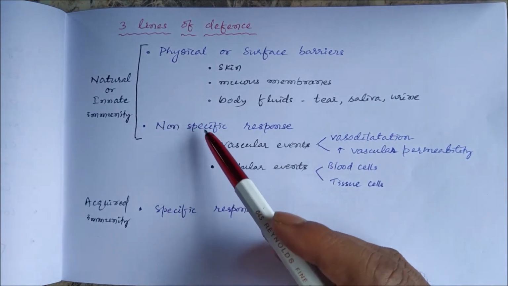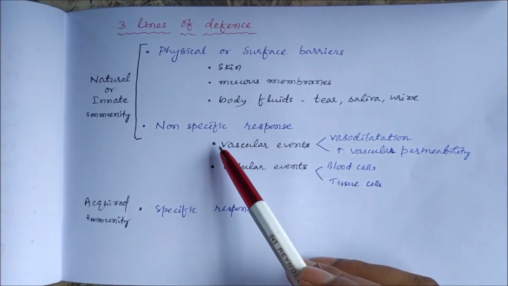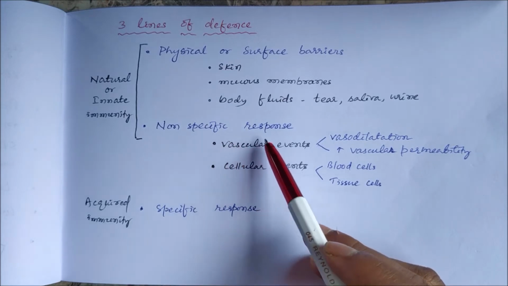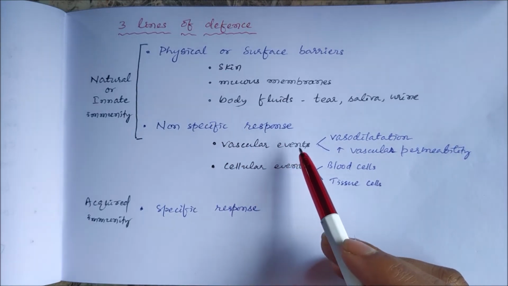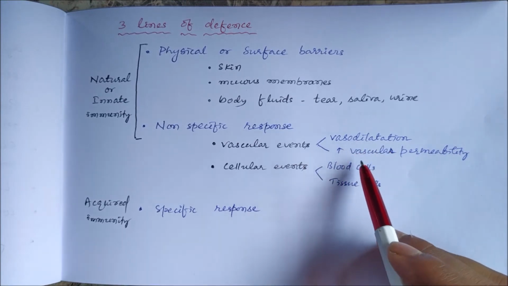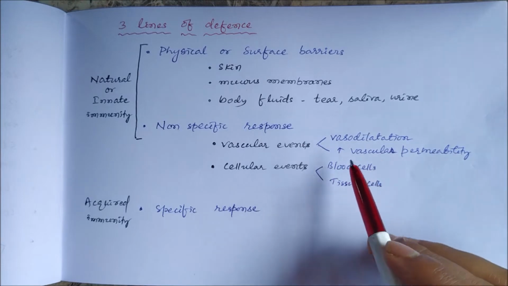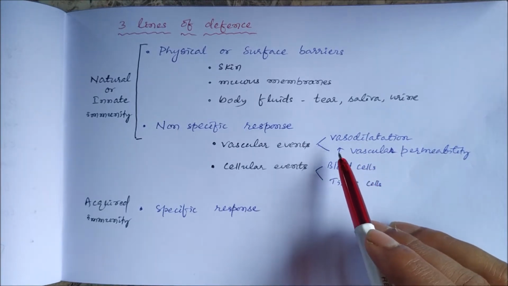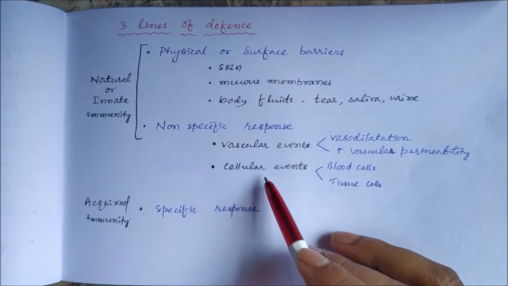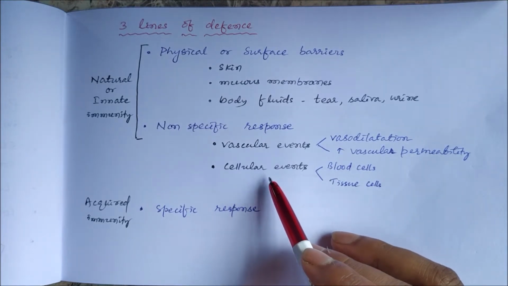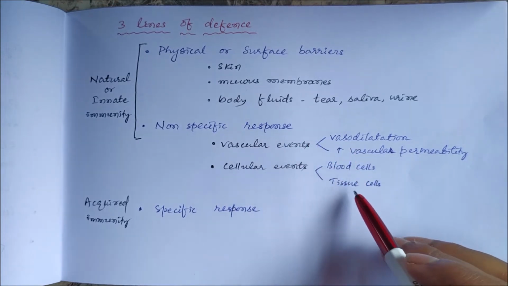Then if the physical barrier is not sufficient, then comes the non-specific response, which includes the vascular events, which consist of vasodilatation and increase in vascular permeability. There is accumulation of the exudate containing the inflammatory mediators. Then there are also cellular events in the non-specific response, which include the blood cells and other cells.